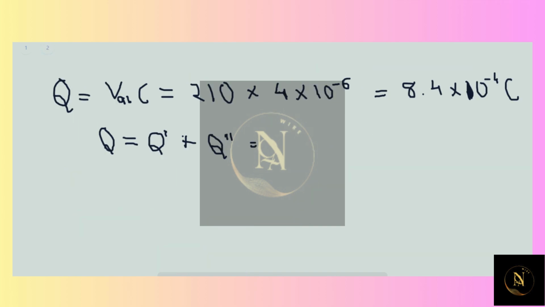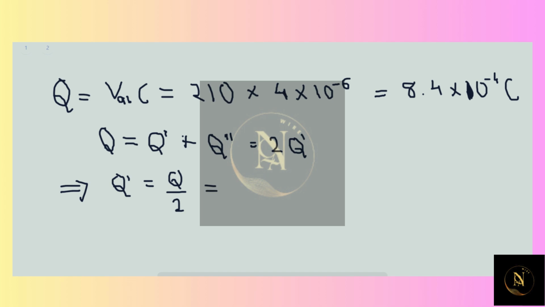Since the combination of capacitors in the two branches is the same, the charge in each branch is going to be the same. So Q prime plus Q double prime equals twice Q prime, and Q prime equals total charge divided by 2.